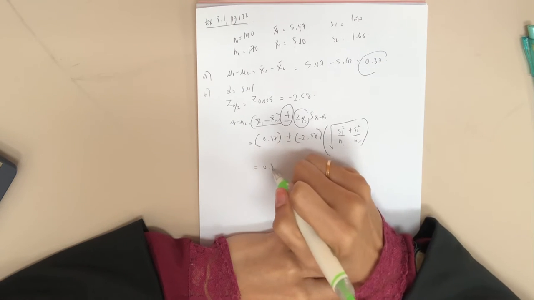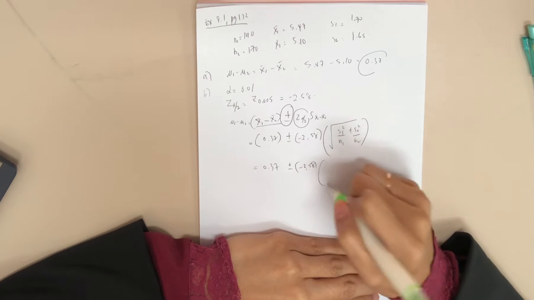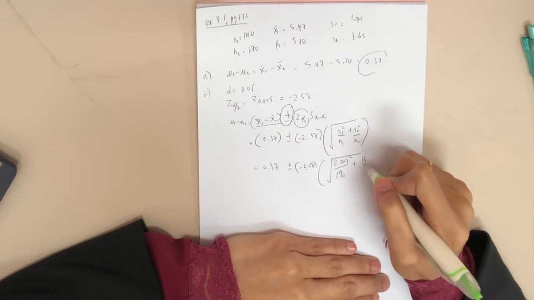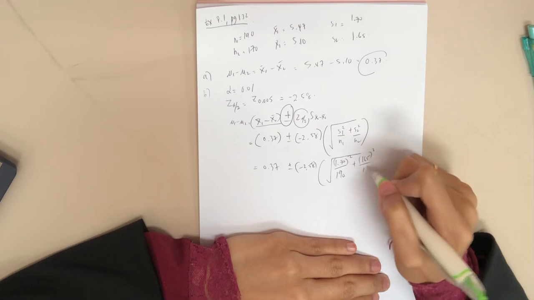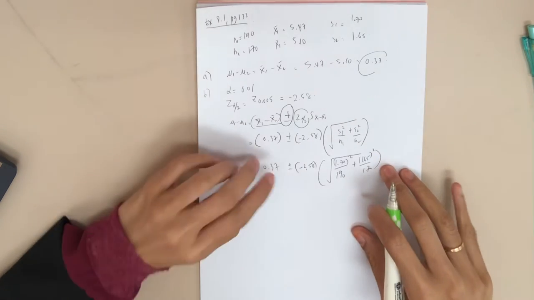We do it slowly. Then just substitute the values we have here: 1.7 squared over 190 plus 1.65 squared over 170. You calculate this.